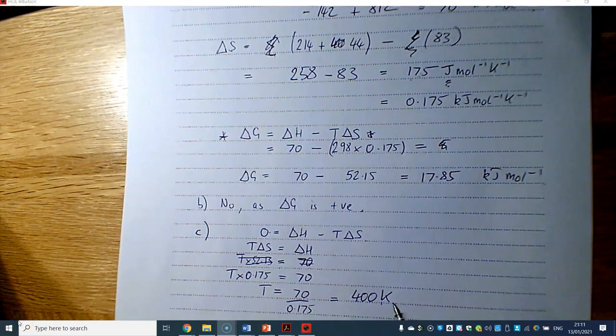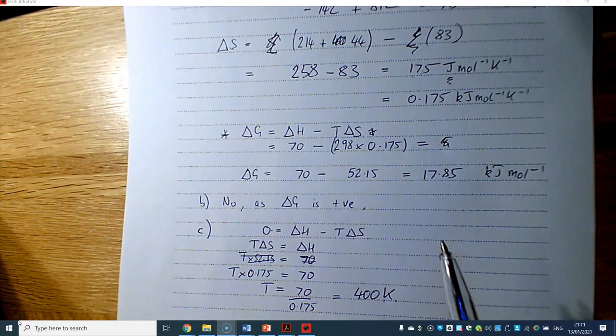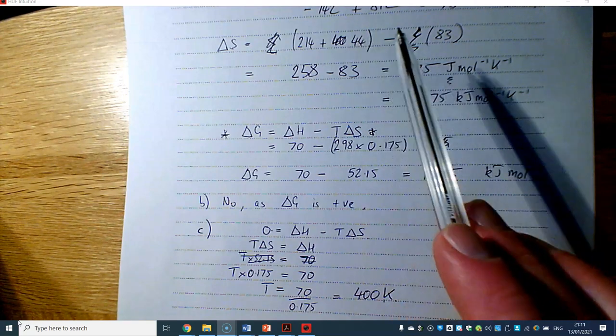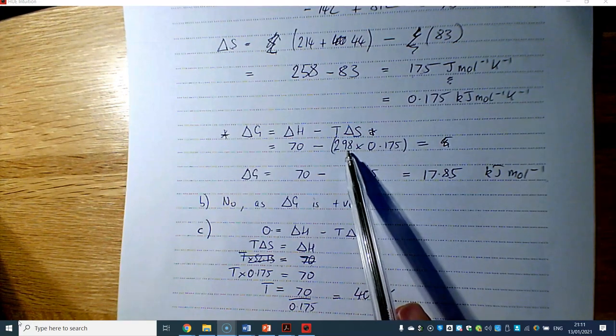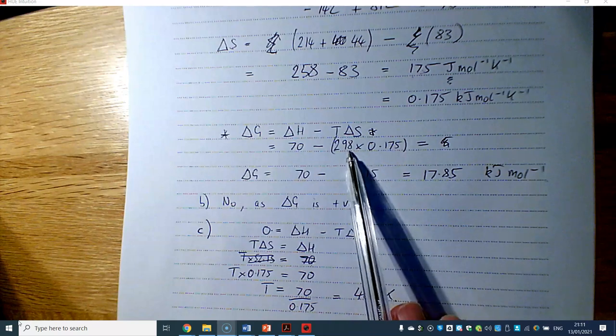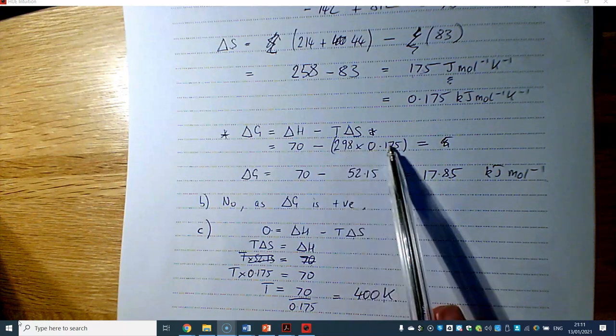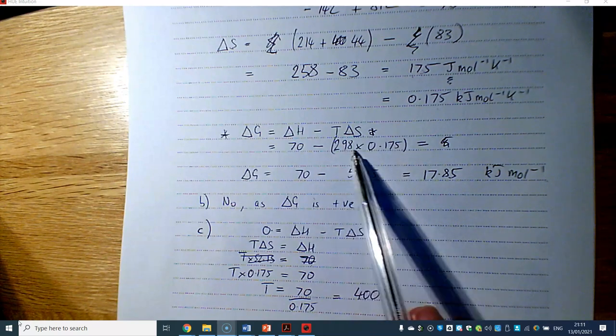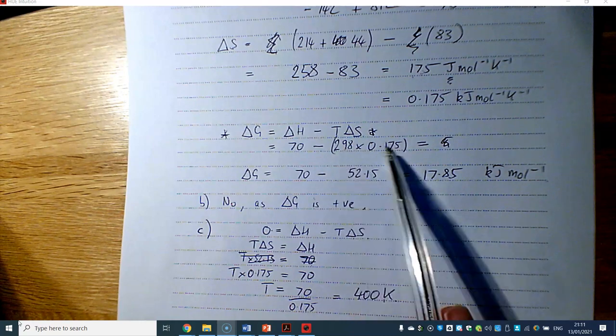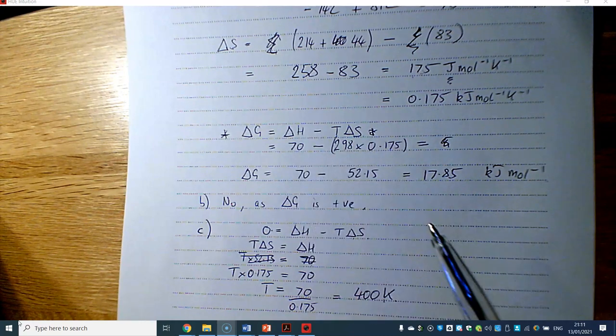We know that at temperatures below that, for example 298, the reaction is not feasible, but at temperatures higher than that, it is feasible. So if we look back at this equation here, the greater the temperature, the greater this number here, the more likely it is that this number is going to be bigger than 70, if that makes sense.